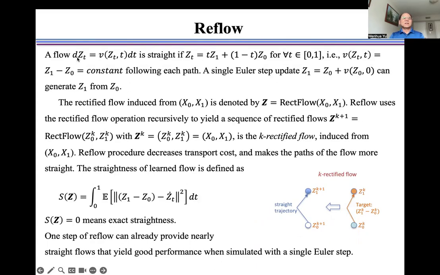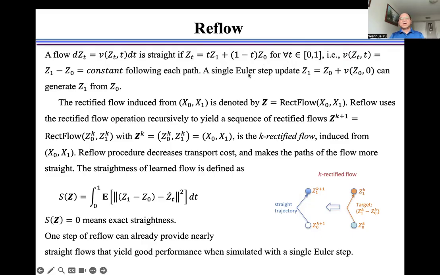A flow dzt equals v is straight if zt is calculated from z1 and z0 for any t between 0 and 1, namely v is a constant as shown here for following each path.